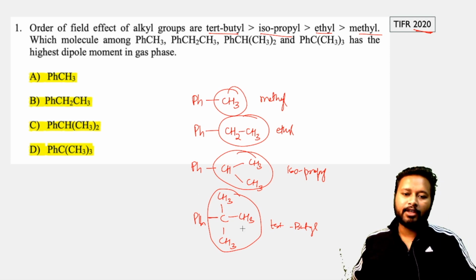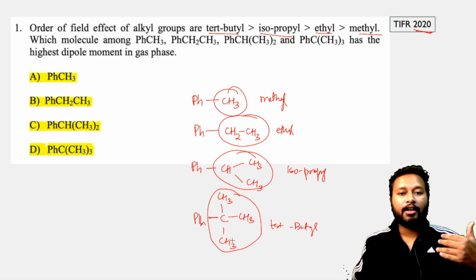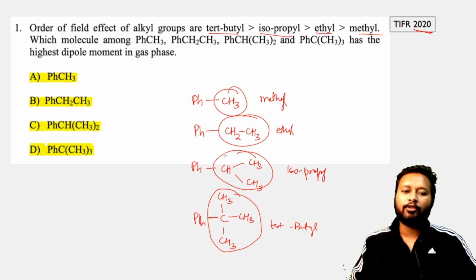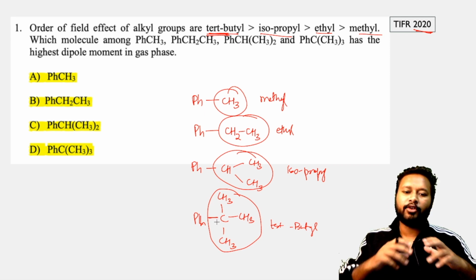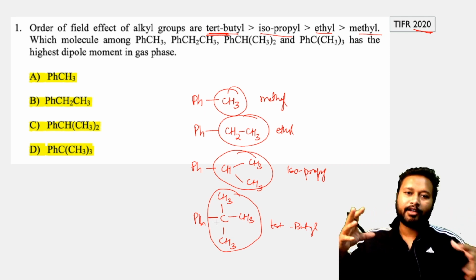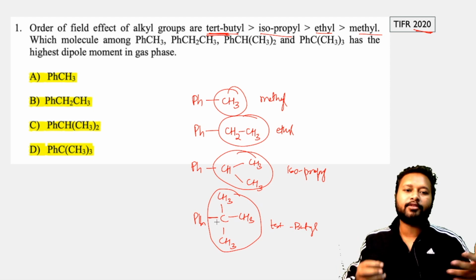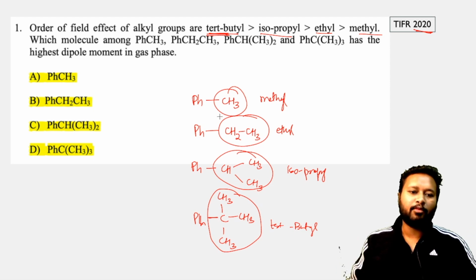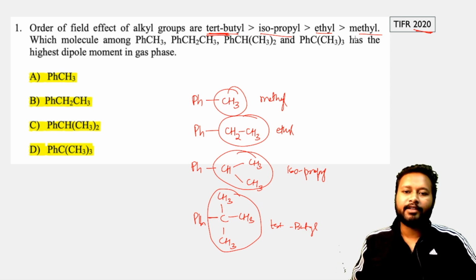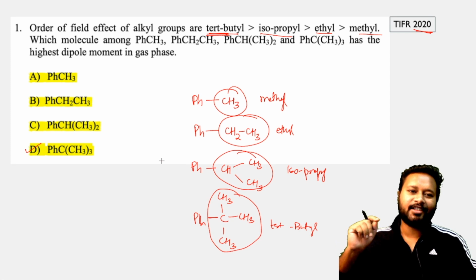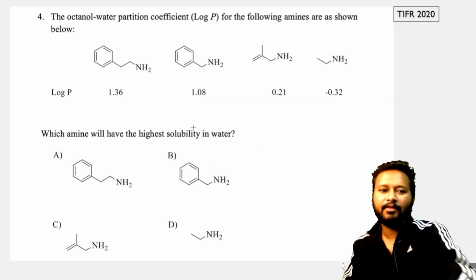Now which of these groups is going to affect the electron cloud the most? The group which has the highest field effect, that is your tertiary butyl. So tertiary butyl is going to cause the highest distortion in the electron cloud, and that is going to create the highest dipole moment. So the question says which of the following will have the highest dipole moment, so the answer will be your option number D. All right, so this is how it will be done. Right, let's take the next question then.